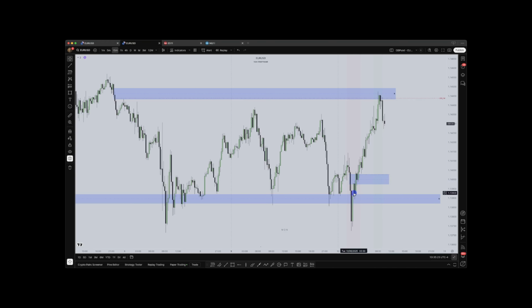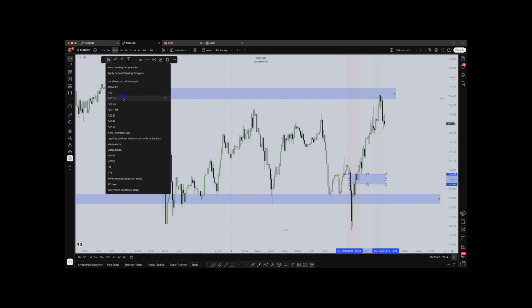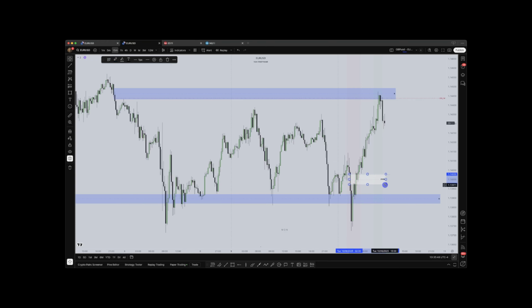You see how price smashes it and goes through it. Later price makes this grab liquidity and manipulation to the downside. So after that, I see this fair value gap smashed by price to the upside. It became later an inversion fair value gap.